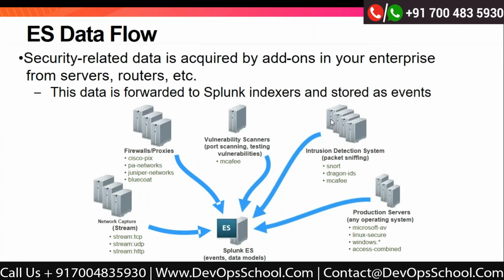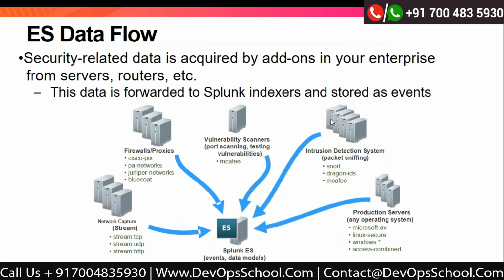Okay, so in Enterprise Security, related data is acquired by add-ons. As we discussed apps, add-ons are just a subset of apps. Apps help us put the data into dashboards, but add-ons help us collect the data. If you have a Windows server, then on a forwarder we have to push the add-on.